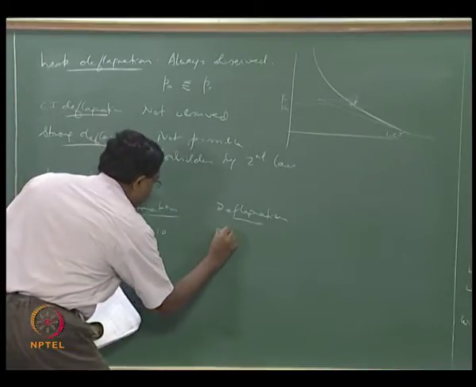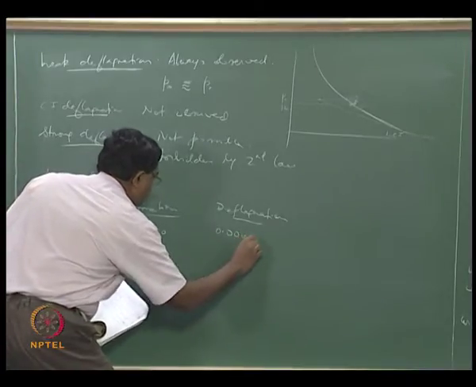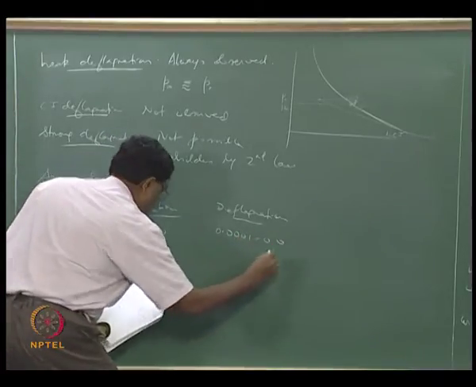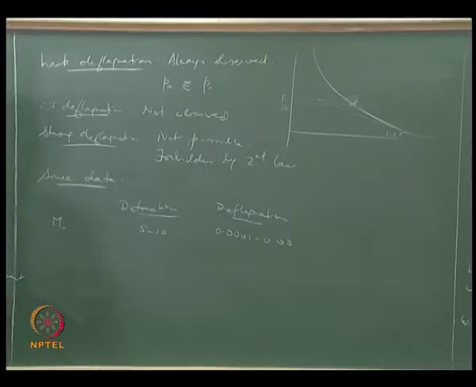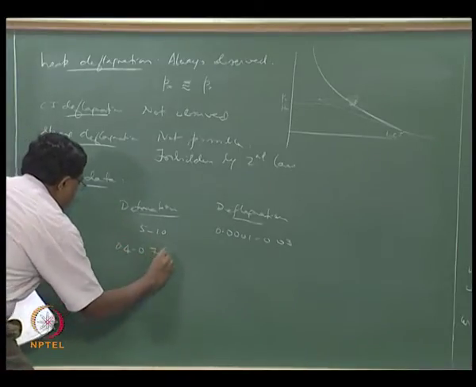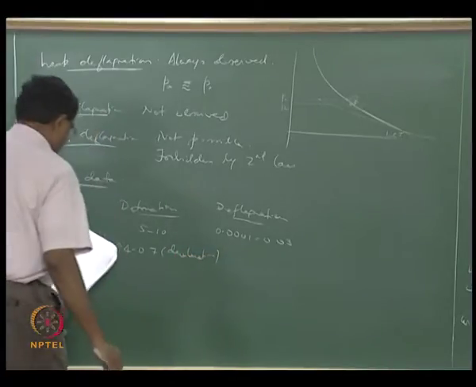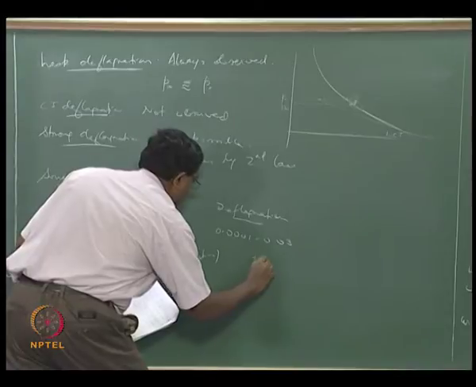Here it is of the order of about 0.0001 to about 0.03. There are about 2 orders of magnitude variation, but they are very small. U infinity over U naught, how does the deceleration or the acceleration happen? This is about 0.4 to 0.7, deceleration. Here it is about 4 to 6.